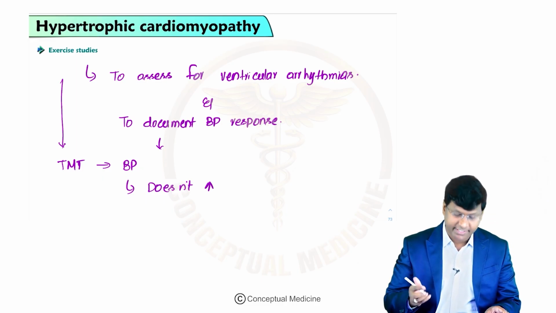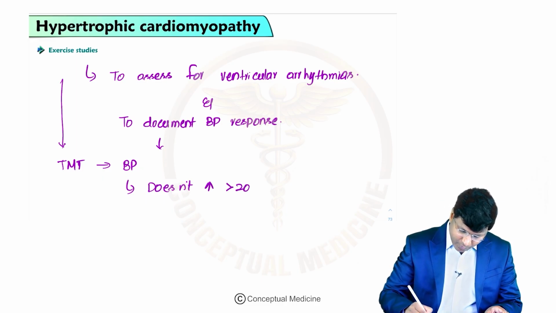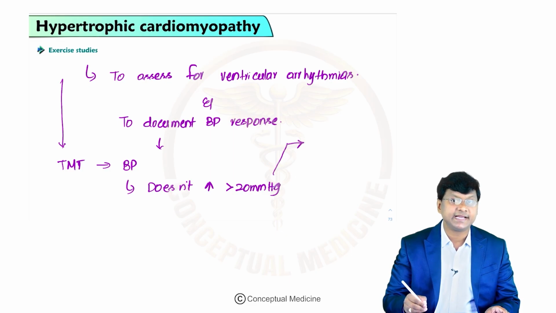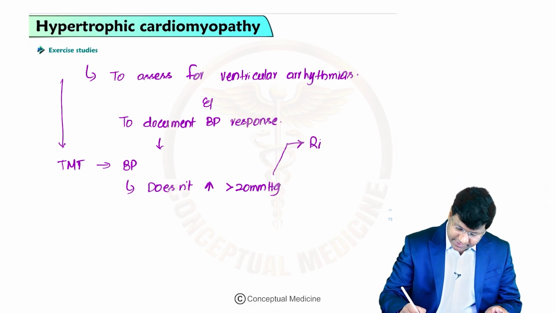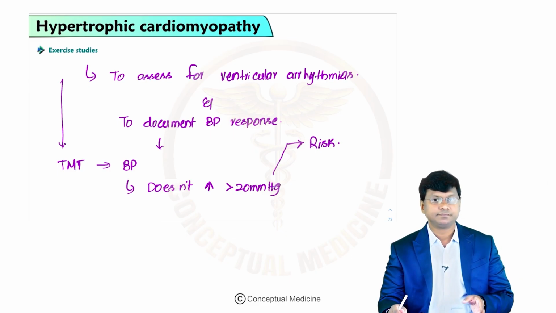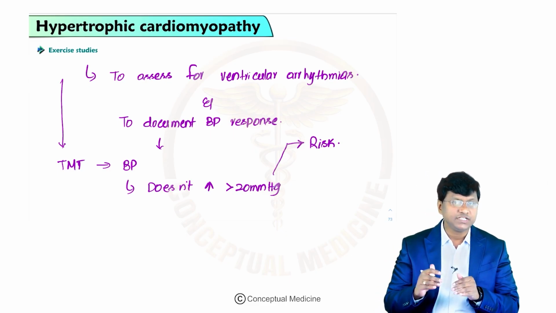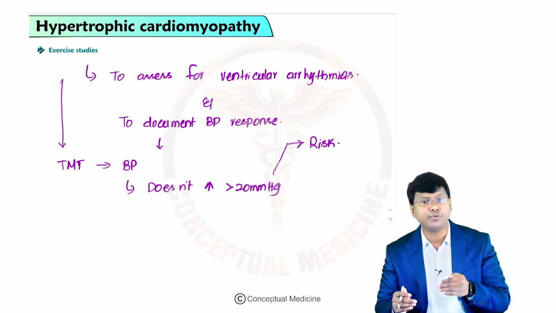If the blood pressure does not increase more than 20 millimeters of mercury, these individuals are at risk of sudden cardiac death, right? They are also at risk as those with double and compound genetic mutations.